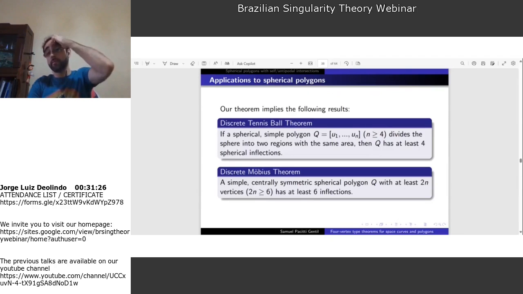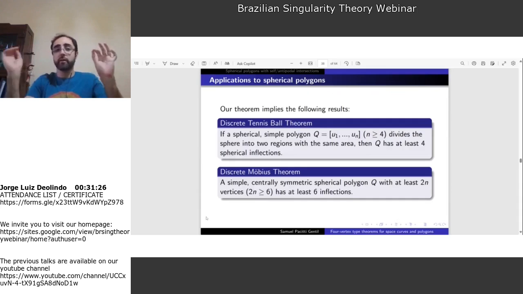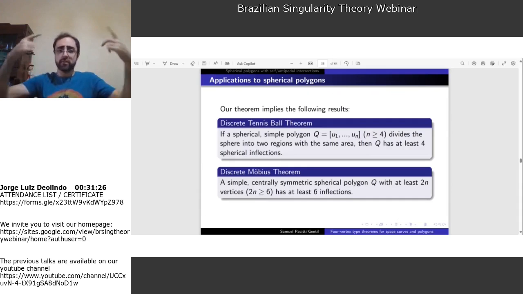This follows from the fact that such a polygon will be in balanced position. And we also have an improvement on the lower bound of inflections, provided that our polygon is what we call centrally symmetric. In other words, if you reflect this polygon through the origin, you get this polygon once again. So these are 2 interesting applications of our theorem.